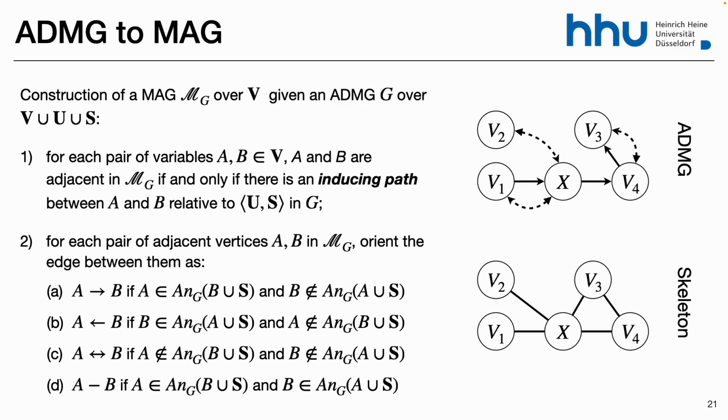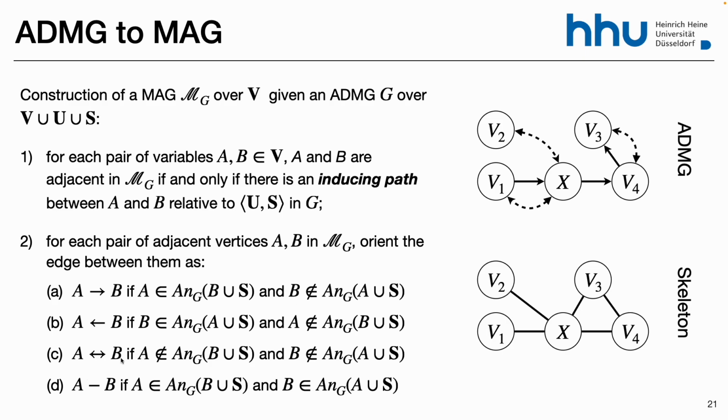And then we follow the idea of ancestrality. The interpretation of these graphs is that they are ancestral graphs, so they show ancestrality. We add an edge from A to B if A is an ancestor of B or S. You need to be careful with the S's. As I said, the arrowheads represent non-ancestrality, so B is a non-ancestor of A or S. The other is symmetric.